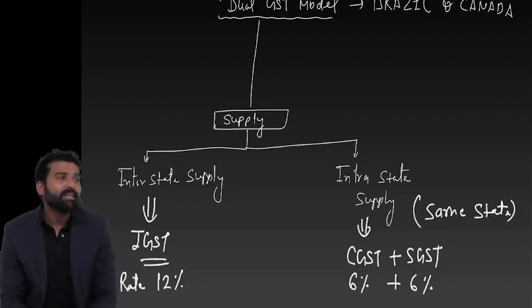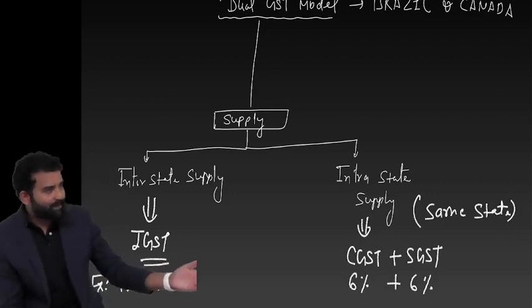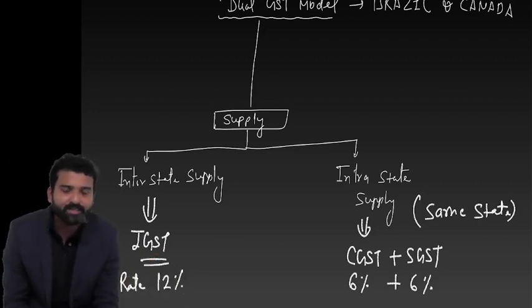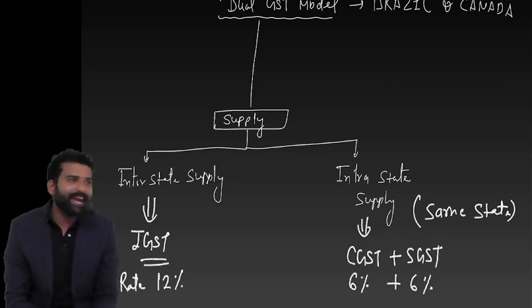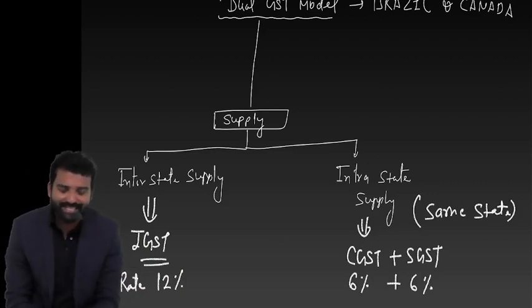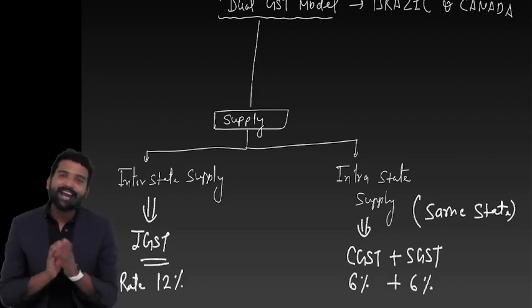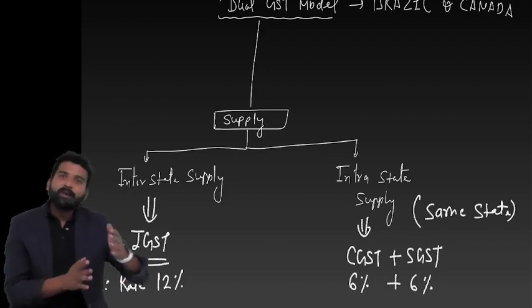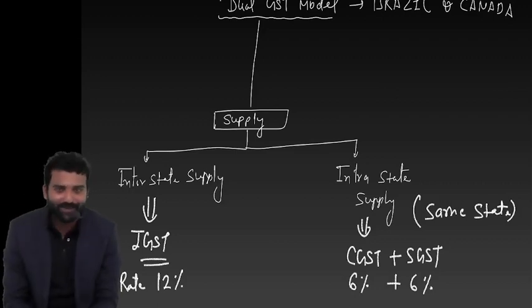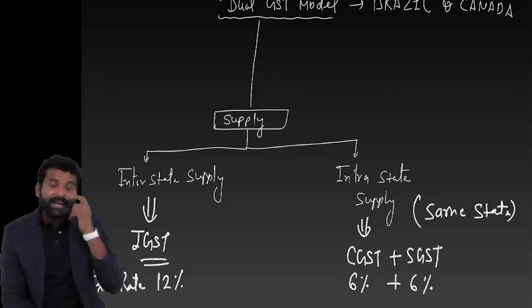There is one GST compensation cess that will be levied on top of that 28%. Like on cigarettes, the rate is very high because the government has imposed cess as well as GST. So the highest rate of GST right now in India is 28%, but because of this cess, the rate might increase up to maybe 100%. Okay, so this is regarding the dual GST model.